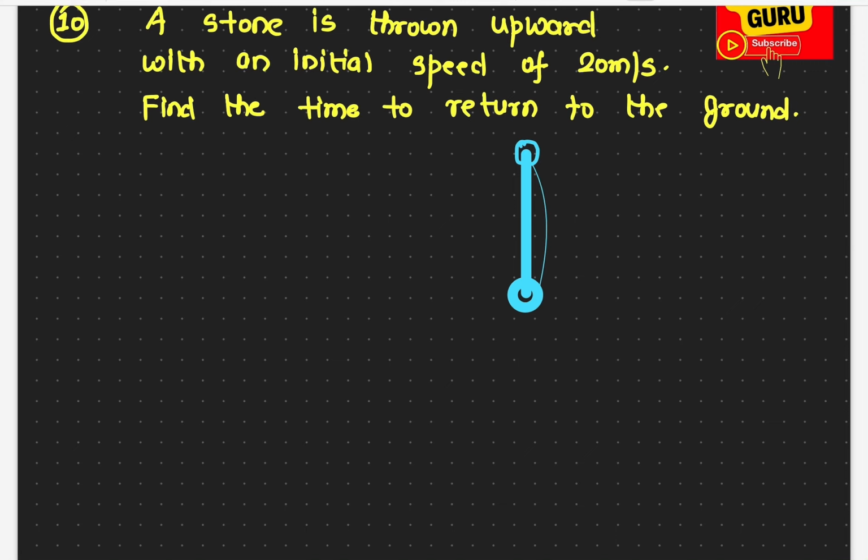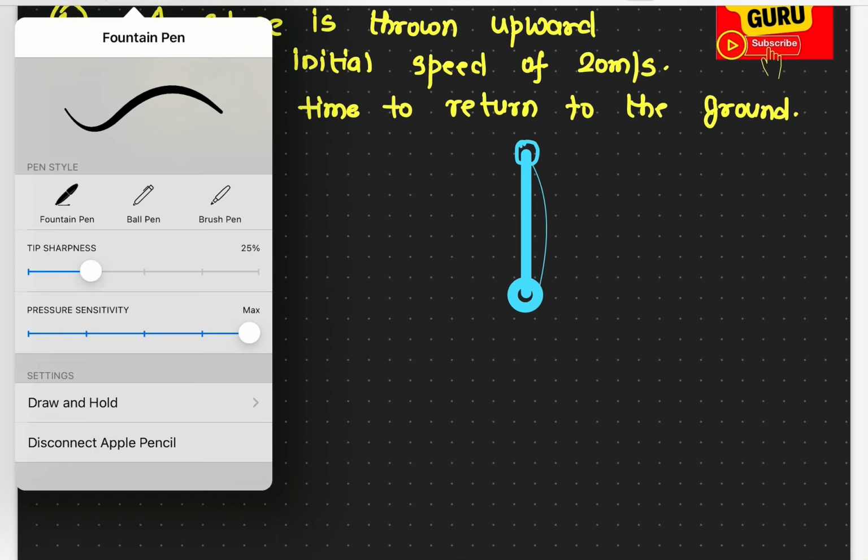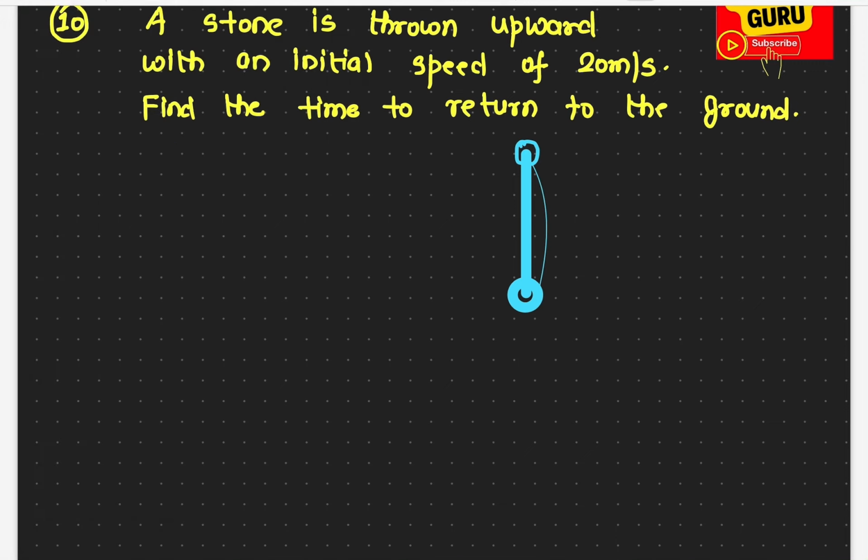So if I look at the initial speed, what is the initial speed given? The initial speed of the stone is 20 meters per second. That is given. All right.